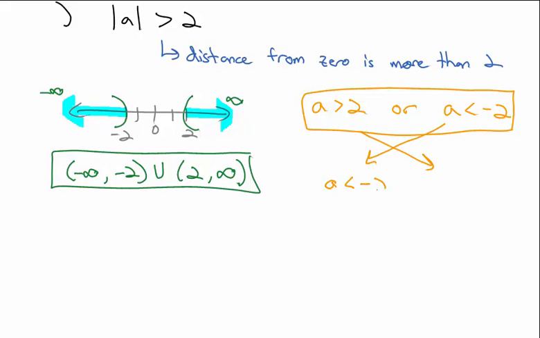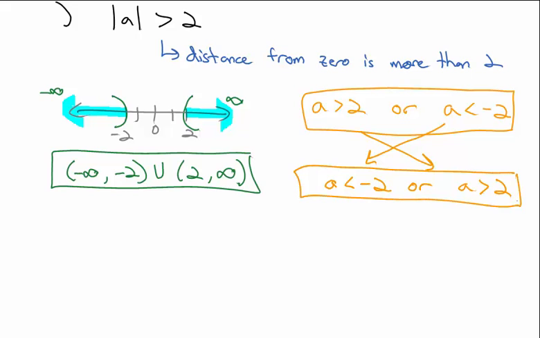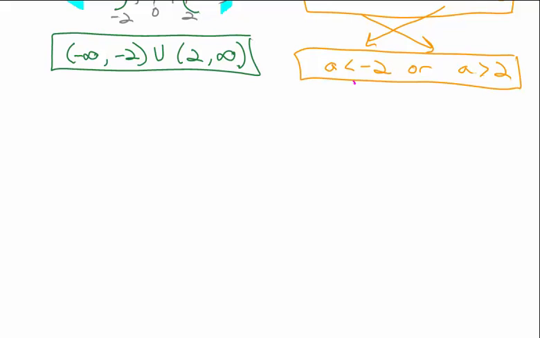A is less than negative 2 or A is greater than 2. Because we like the negative to come first, we like to go smallest to largest. And that's also going to correlate the negative 2 with the negative 2 and the positive 2 coming second. So that just kind of goes together better. Although technically the order of the inequality doesn't matter.